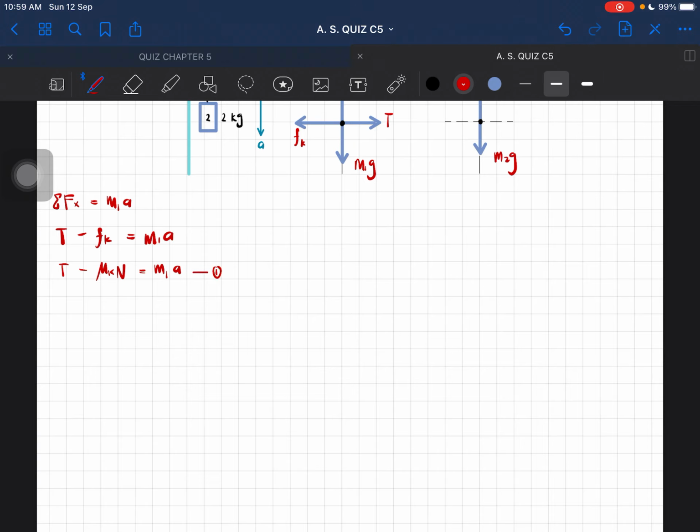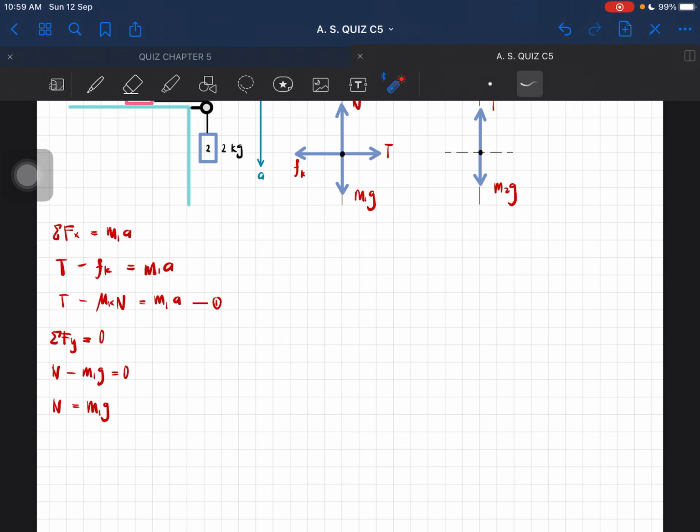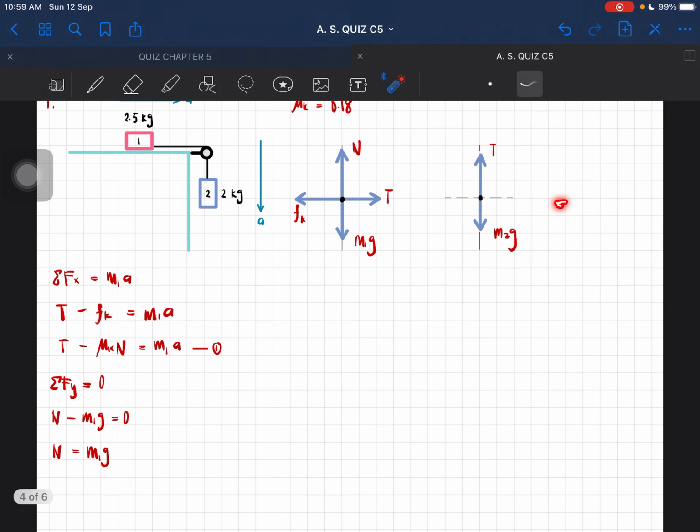Then we do the total force at y for block 1, the 2.5 kilogram block, which is equal to 0. N minus m1g equal to 0. So N is just m1g. Then we look at the second block, just the y component.